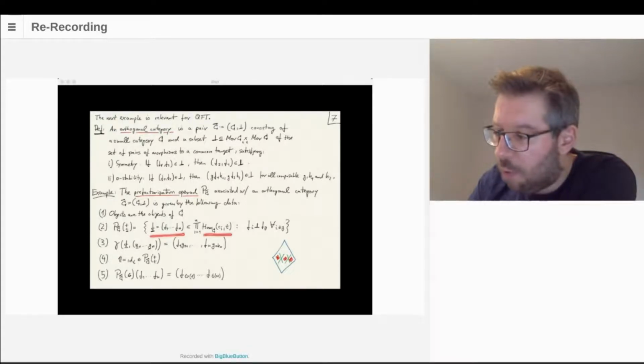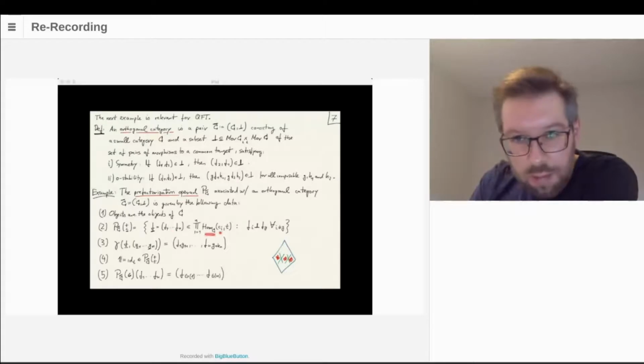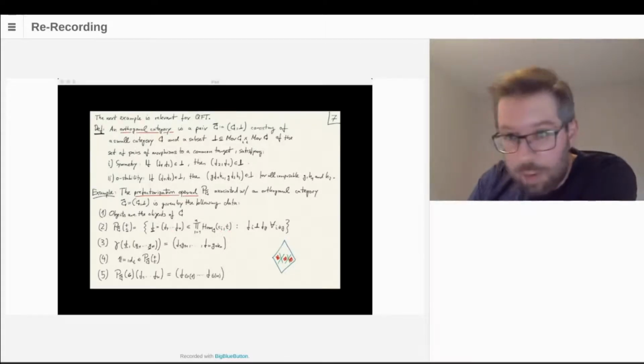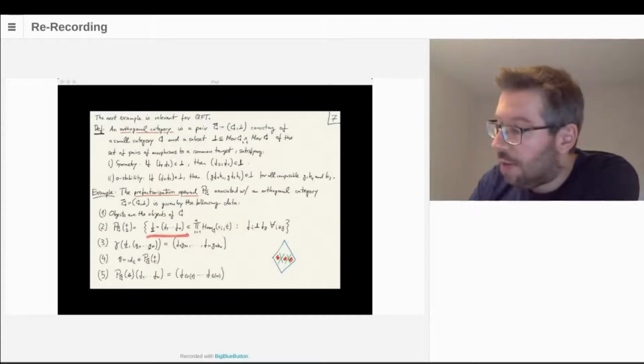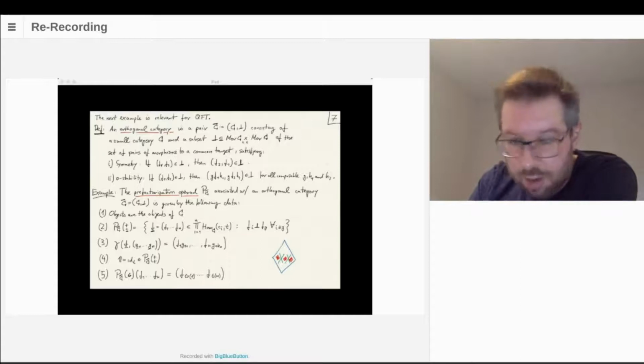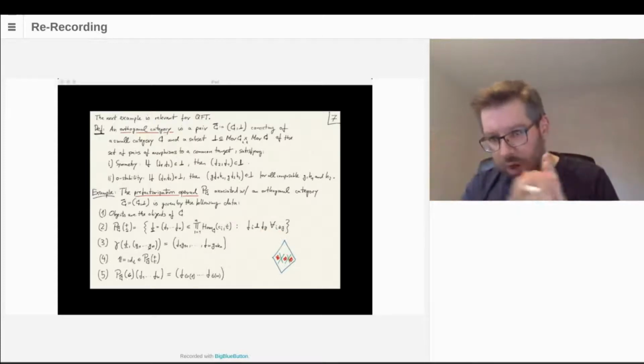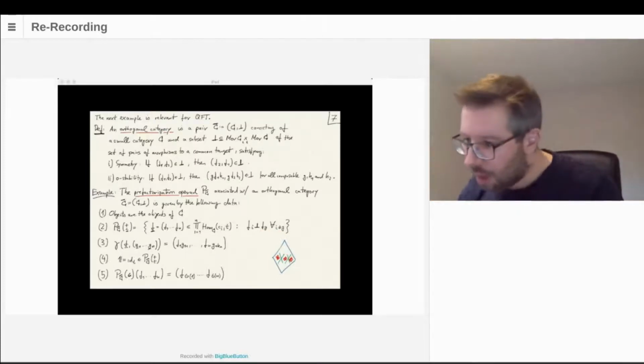So F1 is a morphism in the category from C1 to T, F2 is a morphism from C2 to T, etc. It's a tuple of morphisms satisfying that Fi is orthogonal to Fj for all i not equal to j. So this is a tuple of mutually orthogonal morphisms.